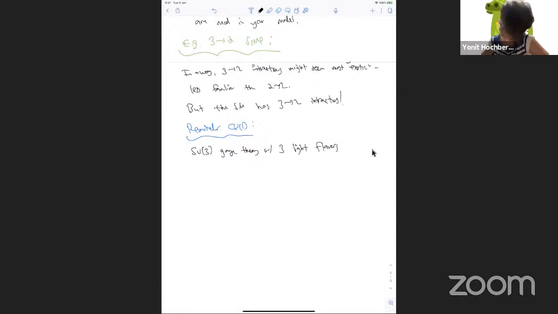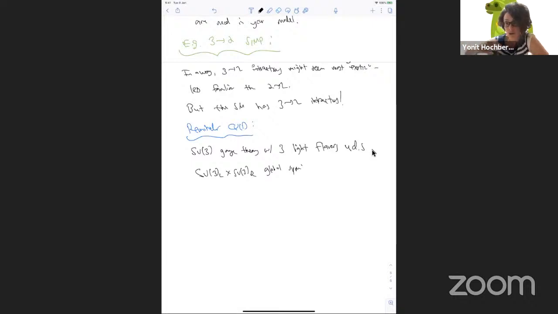Light quarks: the up, the down, and the strange. This theory has, at very high energies, before the theory confines, an SU(3)_L × SU(3)_R global symmetry. This is a separate SU(3) rotation that we can do for the left-handed particles and for the right-handed particles.